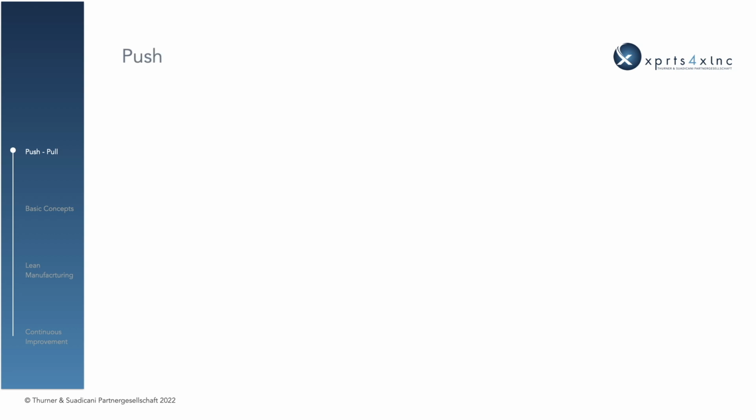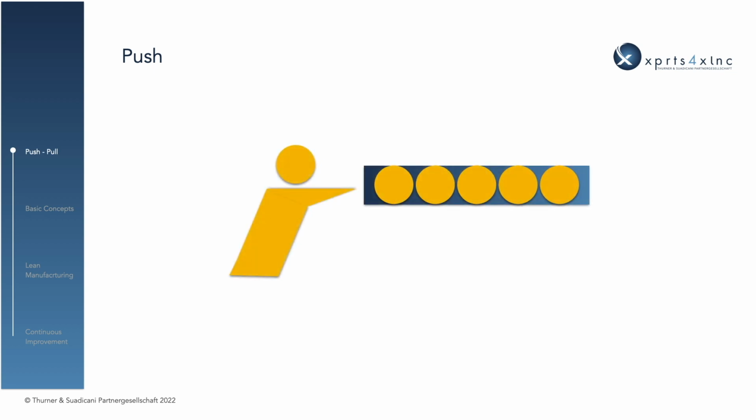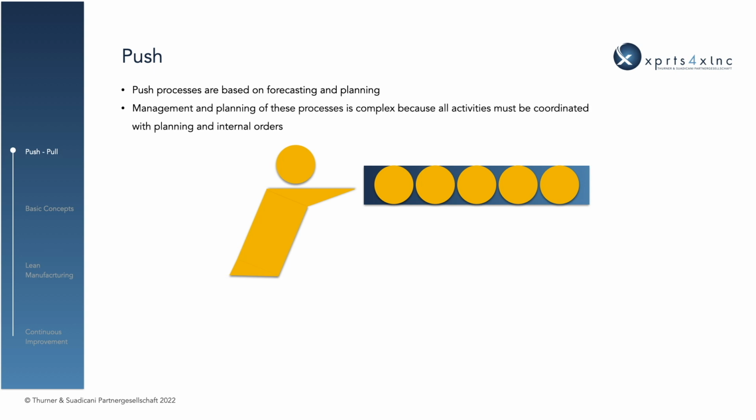Let's have a closer look at the push model first. Push processes are based on forecasting and planning. Management and planning of these processes is complex because all activities must be coordinated with planning and internal orders.